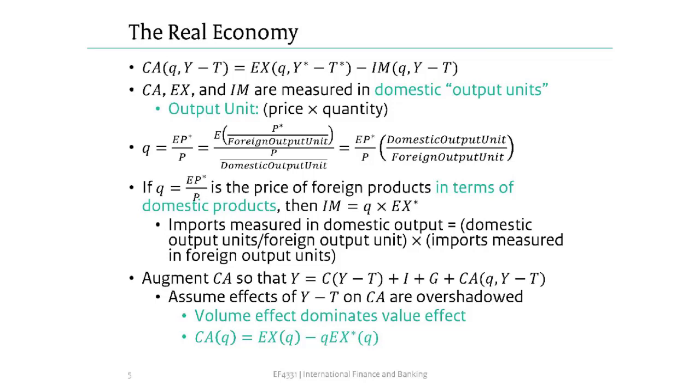So this is very abstract, right? But it will help you understand why you can make this conversion between IM to Q times EX star. Same thing with P star. So again, P star, while it is a price level, all prices correspond to per unit of something. So in this case, think of per unit of foreign output.